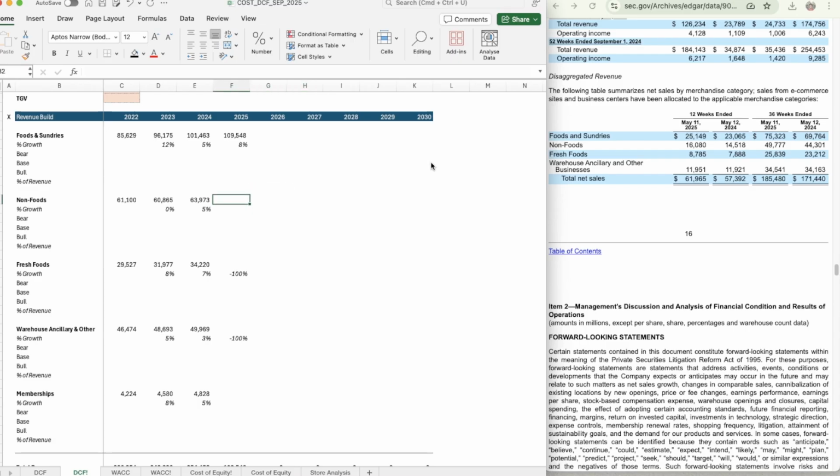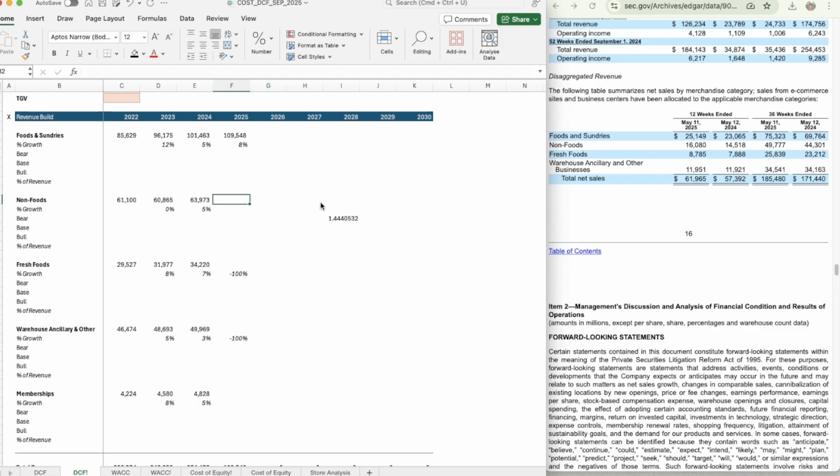they are released. So non-foods is, we can see it was this year, the first 36 weeks, 49777. The year prior was 44301. So let's go equals E32 divided by 44301, 1.44.